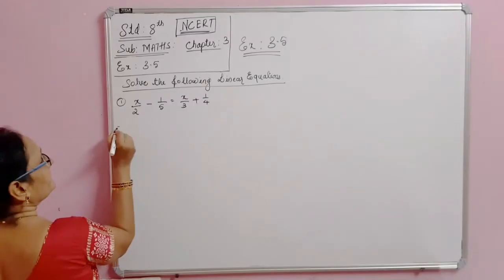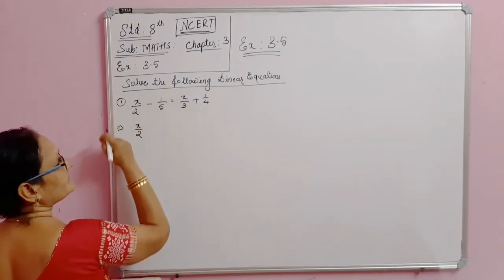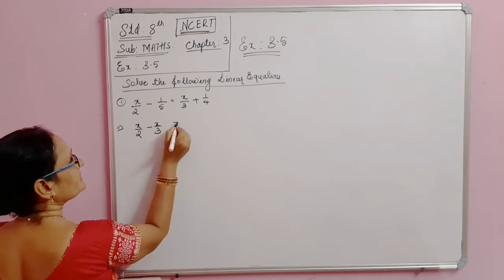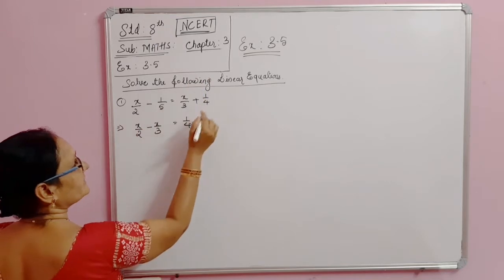Now see here, x by 2, this will take this side, transposing method, minus x by 3 is equal to 1 by 4 minus 1 by 5, will take that side.